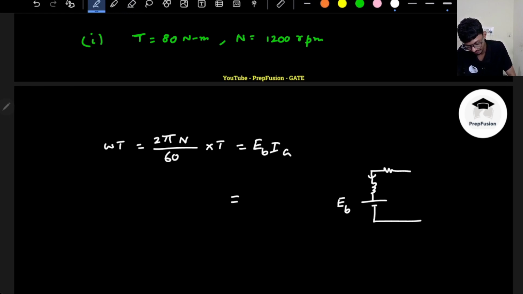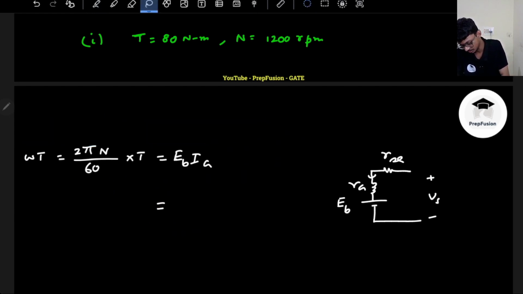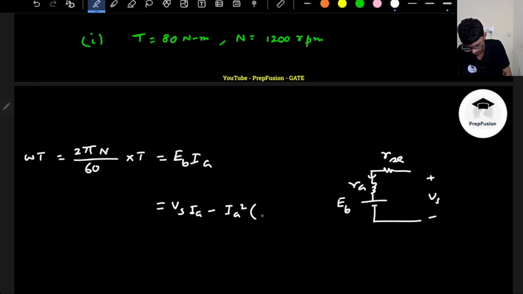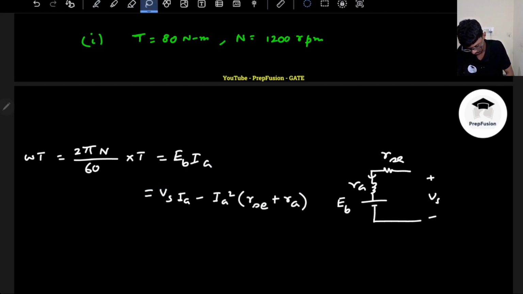Eb is basically Vs minus the drop across the series field winding resistance and the armature resistance. So we get back the same equation: Vs into Ia minus Ia square into (Rsc plus Ra).